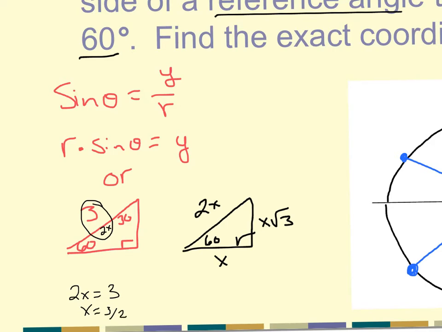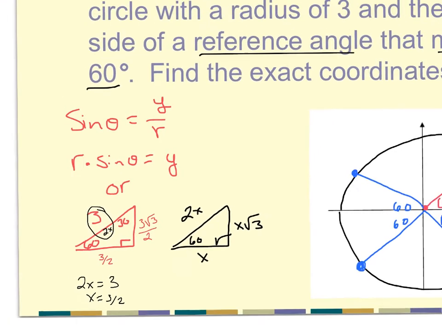So then I focus on my graphical representation of my 30, 60, 90, and I use the algebraic expression that I created here to fill in the missing sides. So if I know x is equal to 3 halves, then I know that this side is 3 halves. And I know that this side is 3 halves times root 3, which is the same as 3 root 3 over 2. Okay, hopefully when I shrink this, it locks everything in place good.